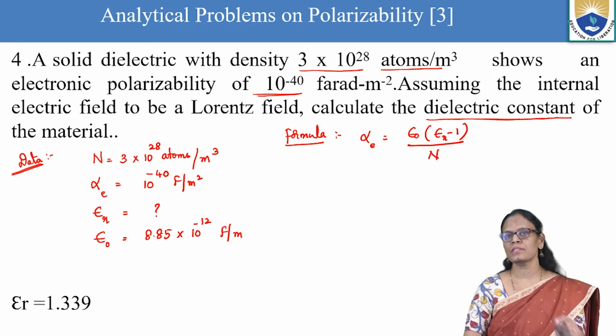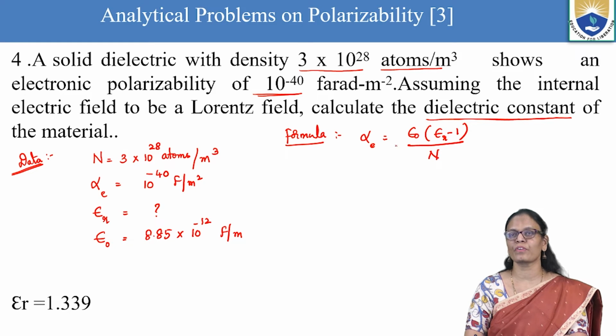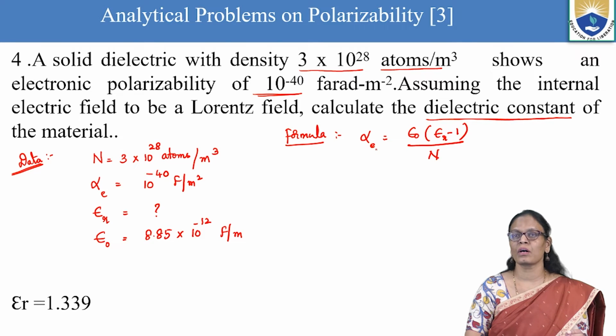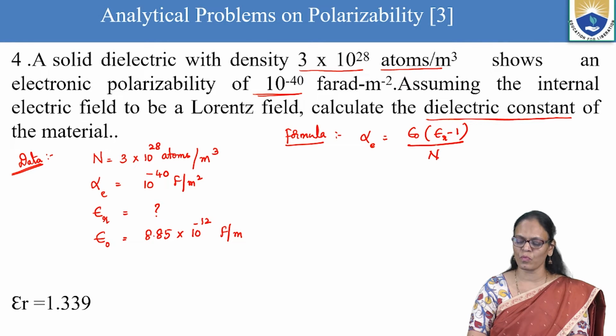One simple tip I want to give you here is, instead of substituting and then transposing, first write the formula for epsilon r and then do the substitution. It makes things simple and you will also avoid making mistakes. So, to get epsilon r from here, we will just rearrange the terms.